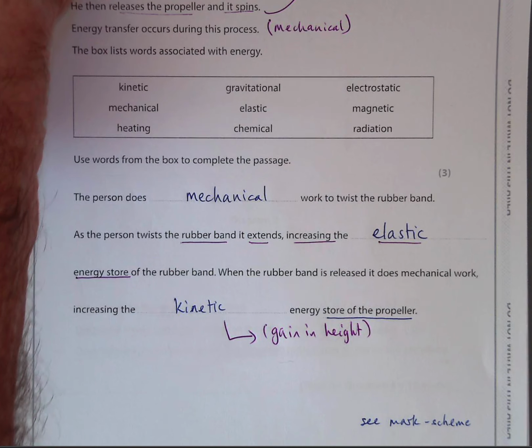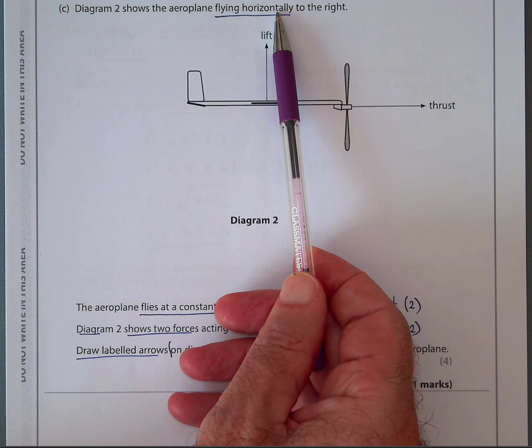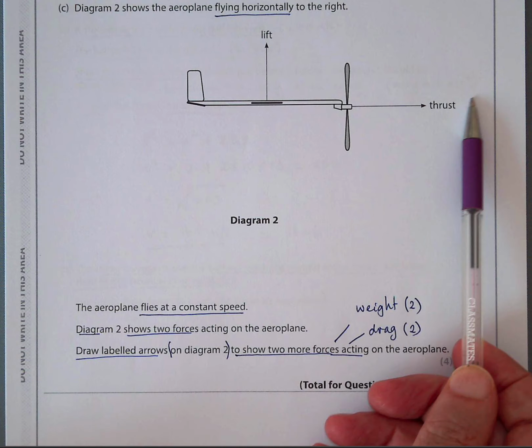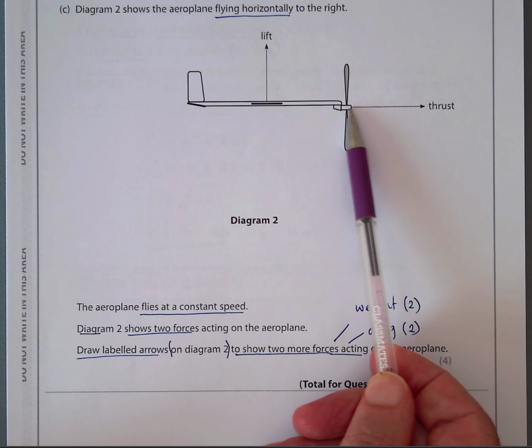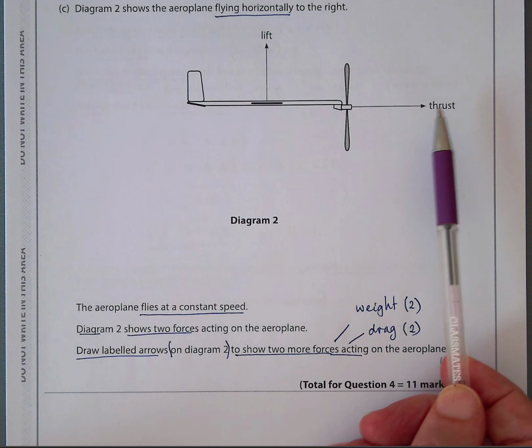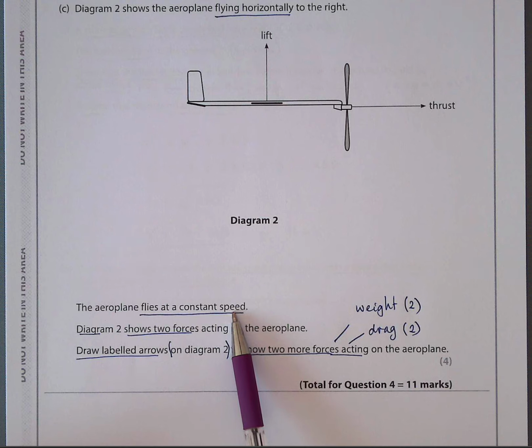Okay. For the final part, part C, it says diagram 2 shows the aeroplane flying horizontally. That means it's not gaining height if it's flying horizontally to the right. So the right means the propellers are thrusting it forward, by working against the air. The aeroplane flies at a constant speed.